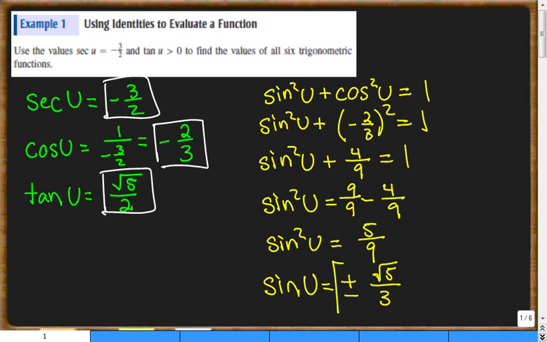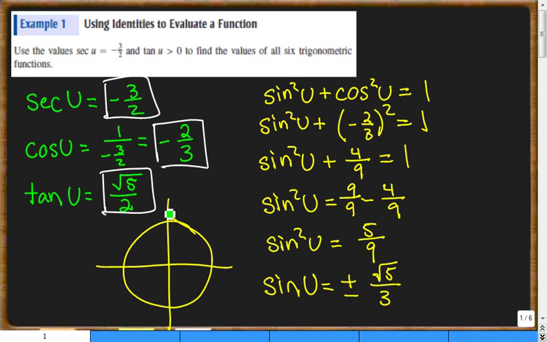Now, it's going to be either a positive or a negative number, not both. So we have to think, is it positive or negative? Well, let's look at our other functions and see if we can figure this out. If we think about our unit circle, we have a negative cosine.